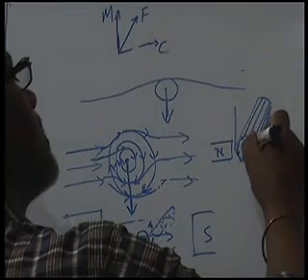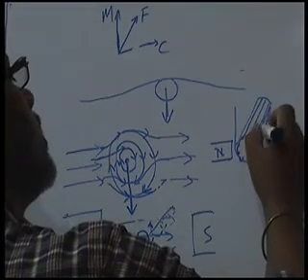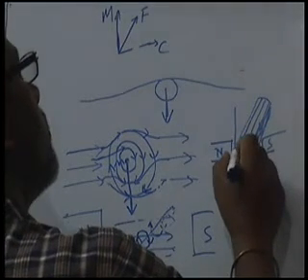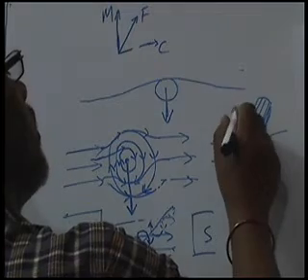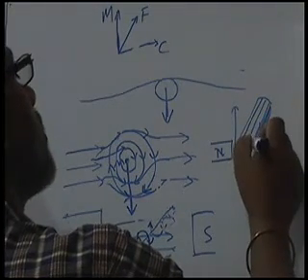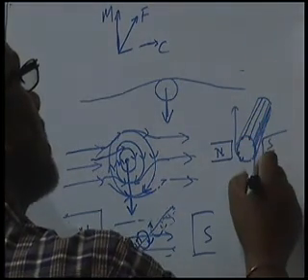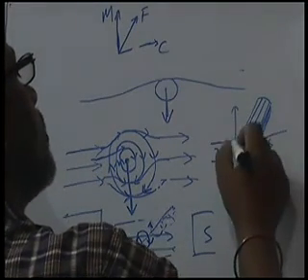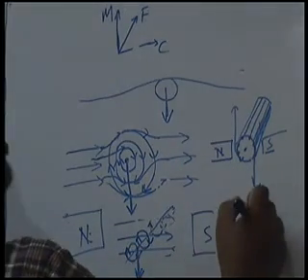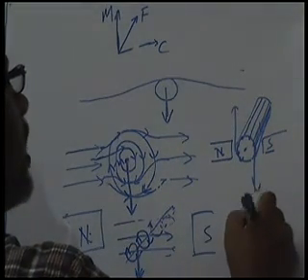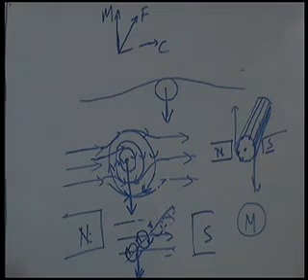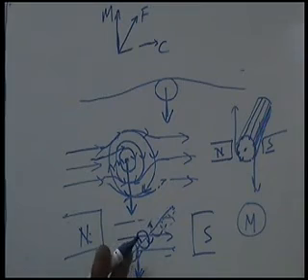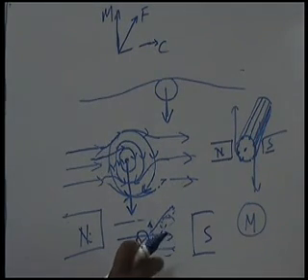So if this conductor experiences an upward direction, this conductor will automatically experience a downward direction. So in the process, this drum tries to rotate, and this rotation is nothing but the motor rotation. So this principle is taken help of in the making of the motor.